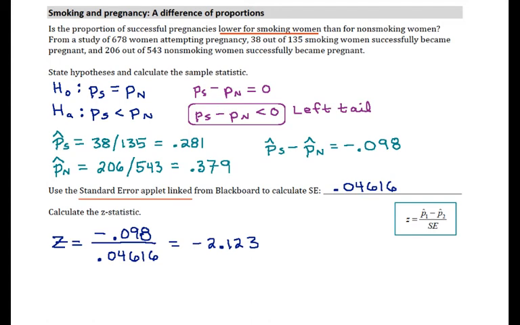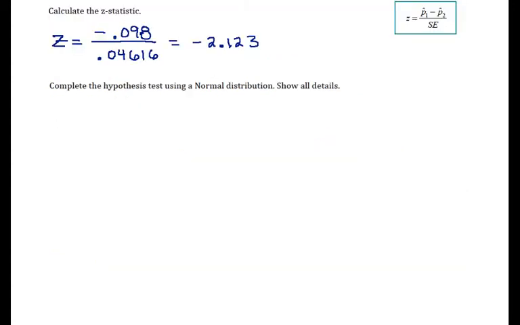Okay, we'll go ahead and complete this hypothesis test now. Now that we know the z-score, we can draw a brief little normal curve down here. Since we're talking about a difference of proportions and the null hypothesis is that that difference of proportions is 0, our distribution would be centered at that null value of 0.